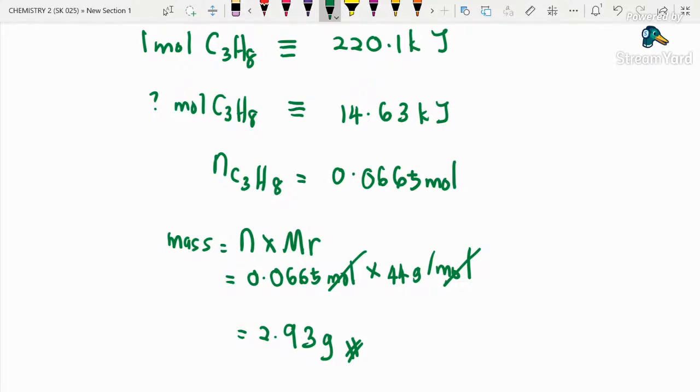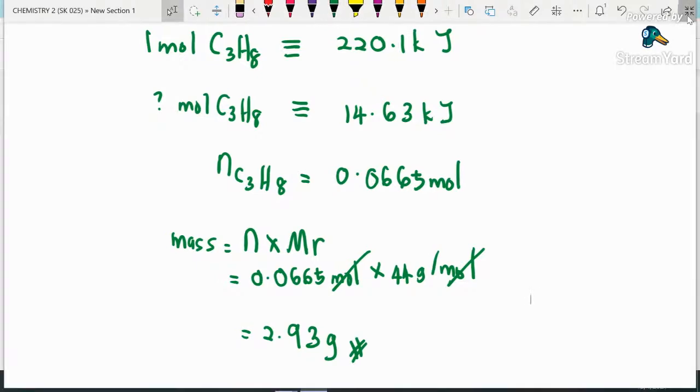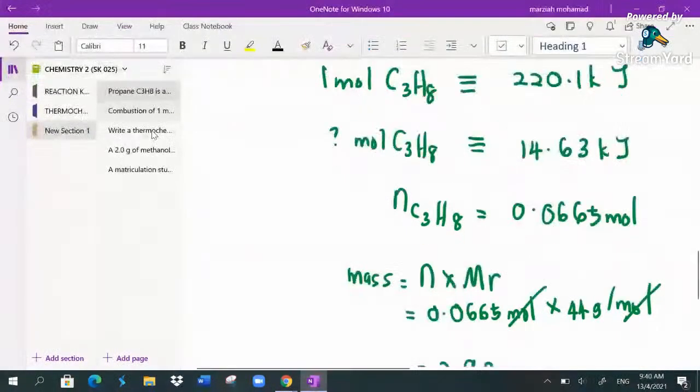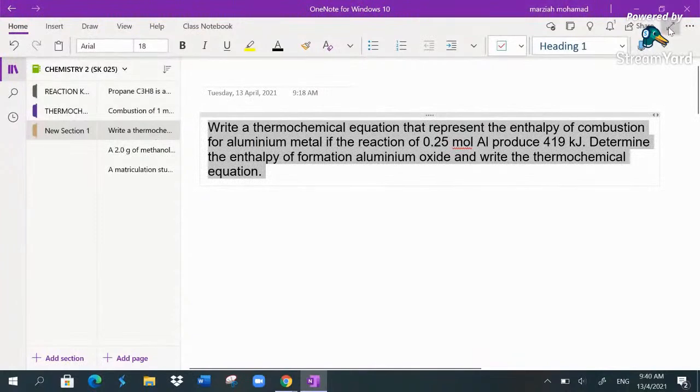Okay, alright. So this is how we try to answer question number 1. So why don't we look at question number 2? We will look at another example.